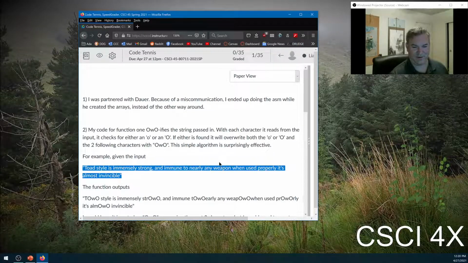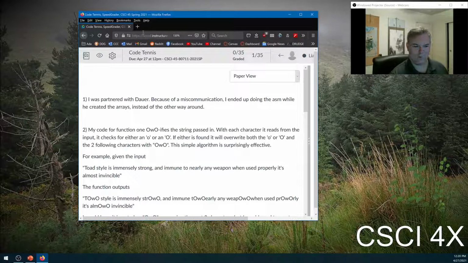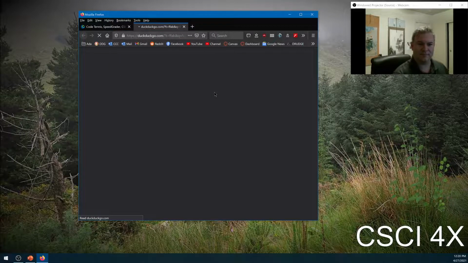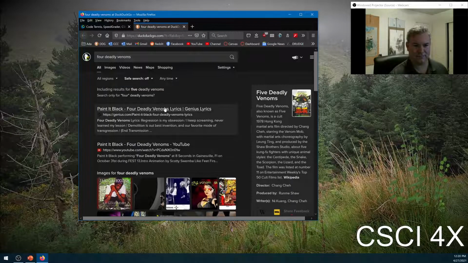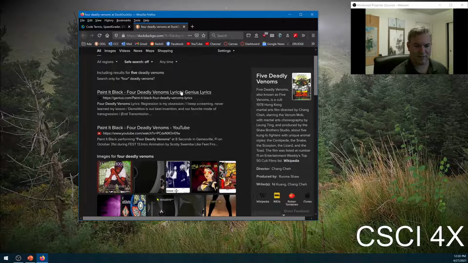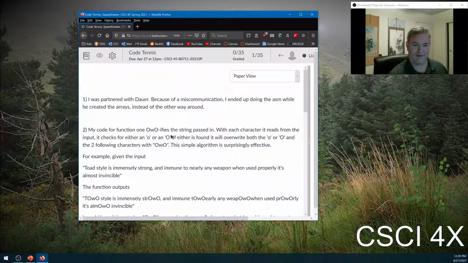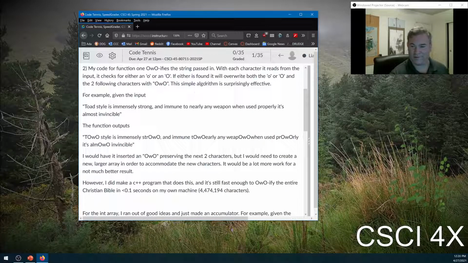Toadstool is immensely strong and immune to nearly any weapon when used properly. Nice. It's from the 5 deadly venoms, sorry, it's 5, not 4. Yeah. Also, Wu-Tang samples from it.